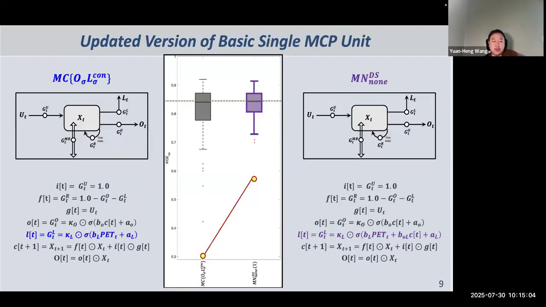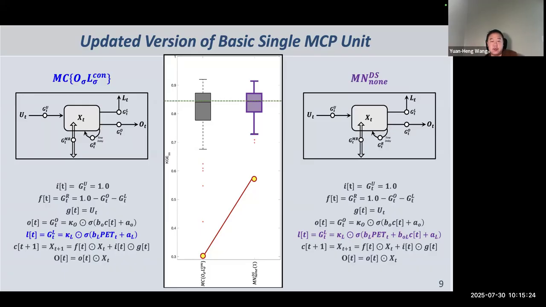And here I just want to mention that there is an update to the single node architecture for the third paper. Originally, I assumed the output gate only depends on cell state and the loss gate depends only on PET. But in the third paper, I add the cell state together with PET into the loss gate. But it's still a sigmoid relationship.